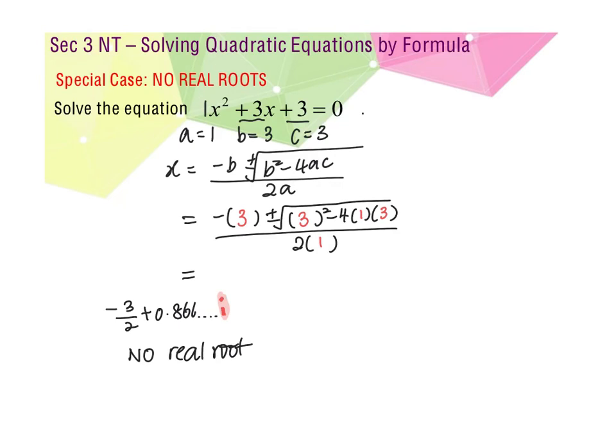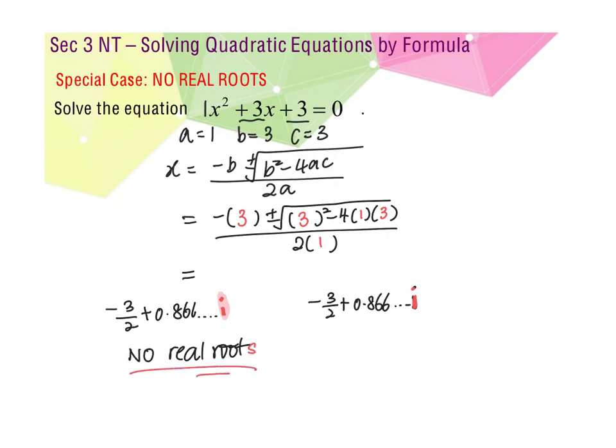Or you get your second solution, which will be negative 3 over 2 plus 0.866, and the last one at the back is still an i. That means this is an imaginary number. Now in this case, there will be no real roots at all. Why is this so?